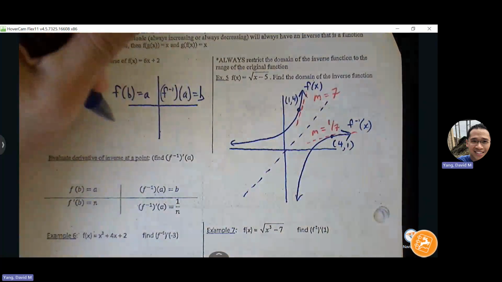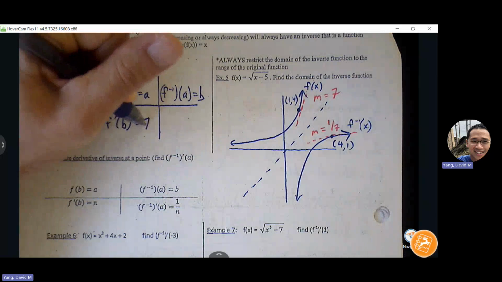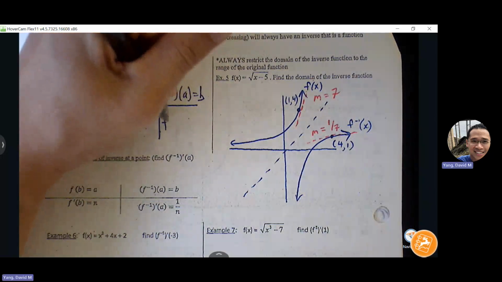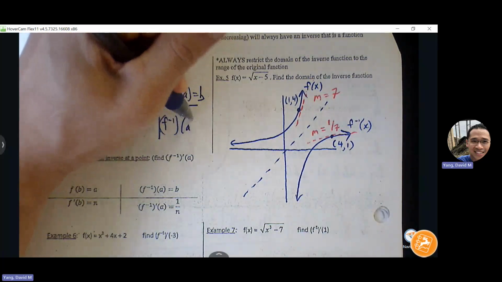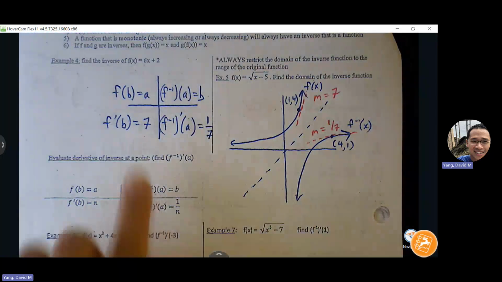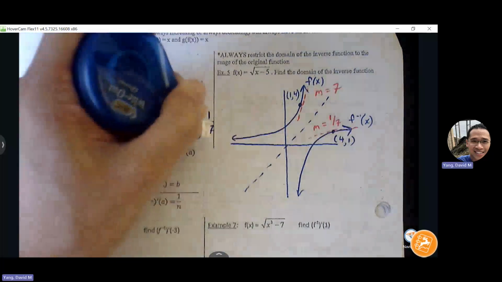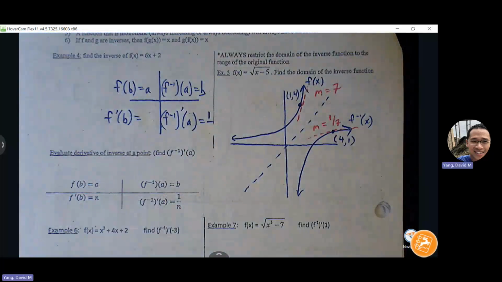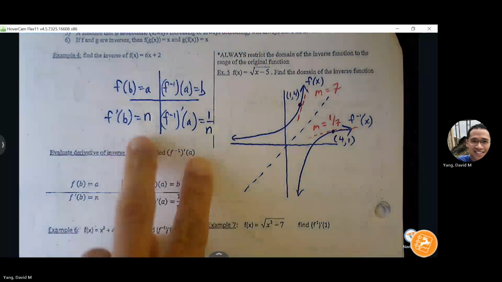So if f prime of b is equal to 7, then the derivative of f inverse at a must be equal to 1/7. Sorry, I used 7 there, but let me change that to n and 1/n, so that it's more general.